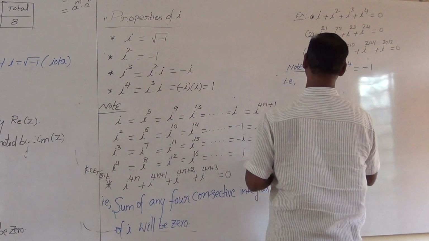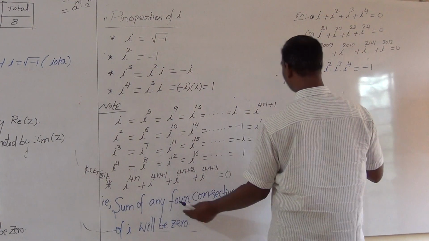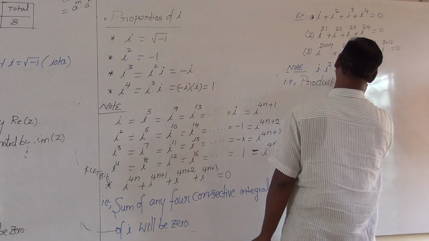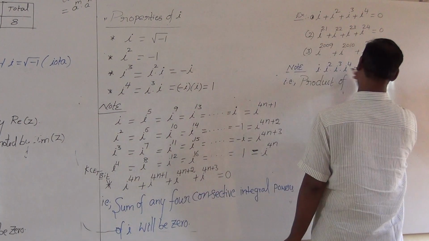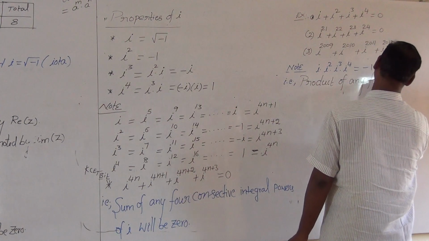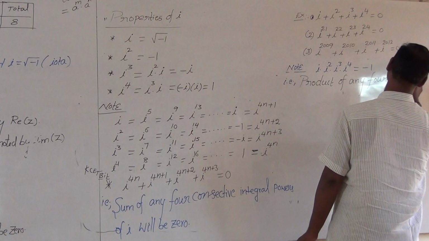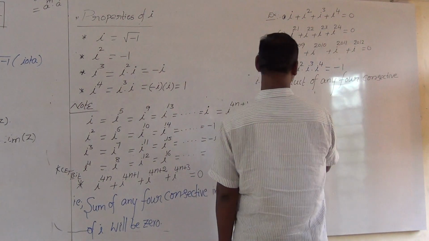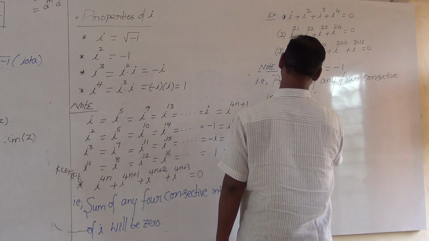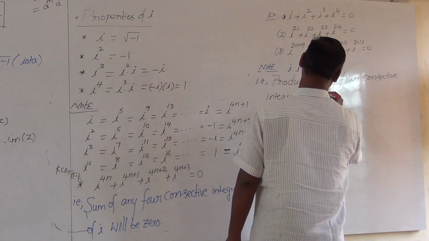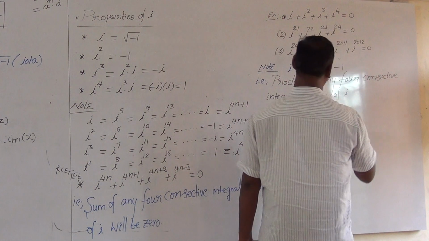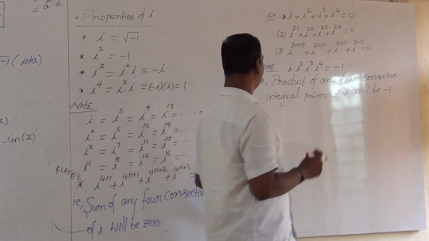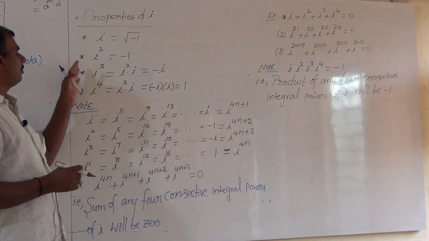What is the meaning of this? Instead of the sum, we write the product. The product of any four consecutive integral powers of iota will be minus 1. So these are the main properties of iota.